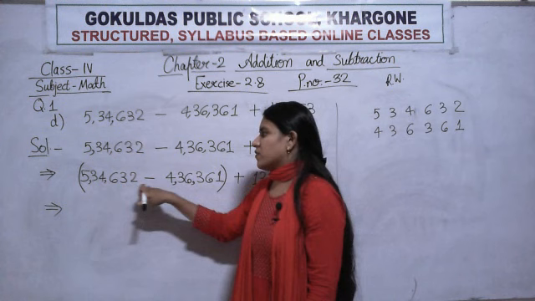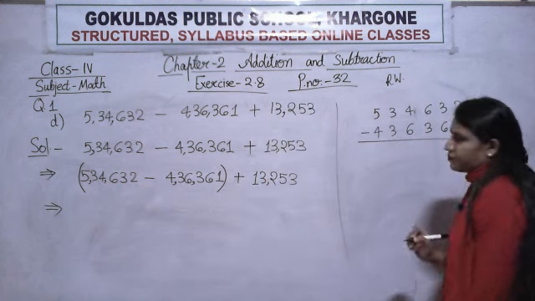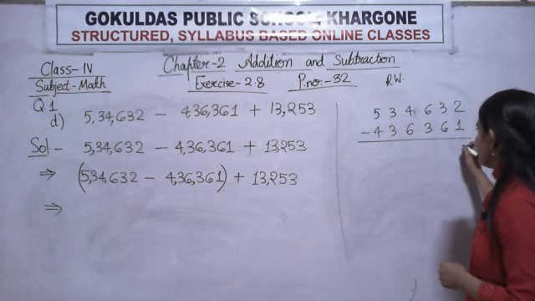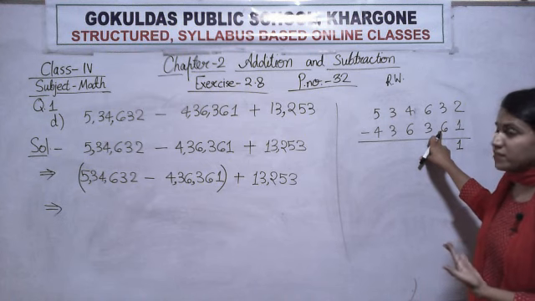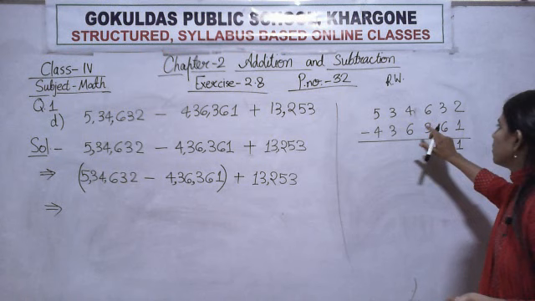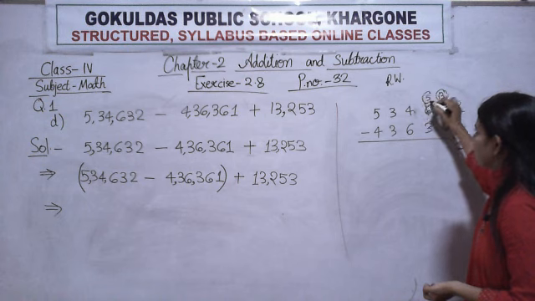In the bracket you observe that minus symbol is there, so put minus here. Now subtract: 2 minus 1 is 1, 3 minus 6. You cannot subtract 6 from 3 because 3 is a smaller number. So now take borrow, it becomes 13, here only 5 is left.